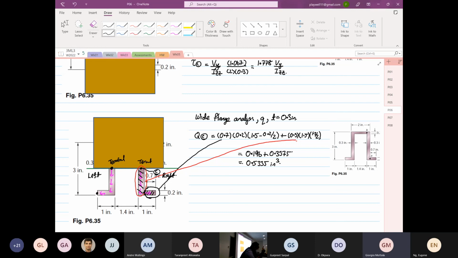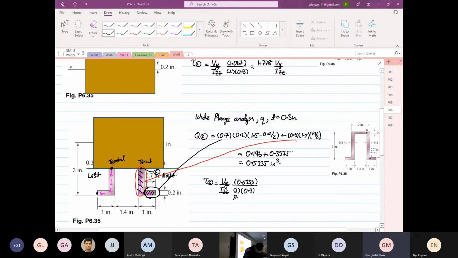You mathematically already. Okay, so bear with me. It will be the same. If it's not the same, we pack up. So the shear stress at point C is equal to Vy over Izz. First moment of area is 0.5335. This one we divide by 1 only, and then we divide by 0.3.